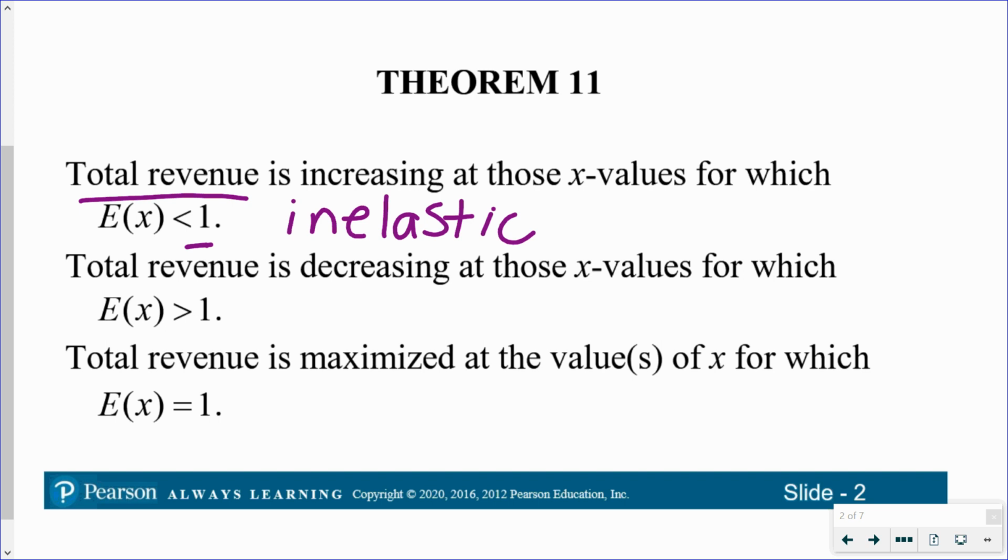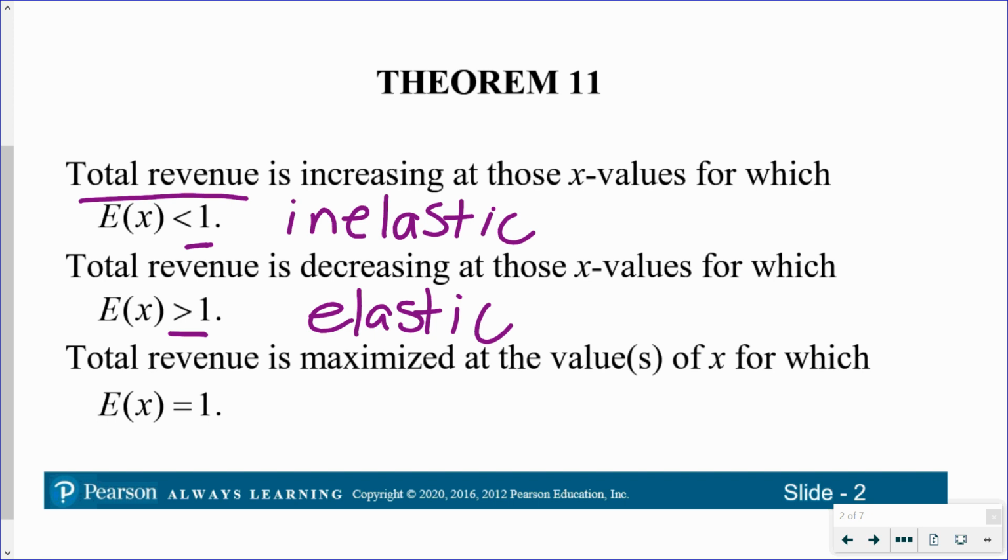When E of x is less than 1, okay, when E of x is less than 1, I'm sorry, greater than 1, I'm backwards tonight. Okay, then that product becomes elastic, meaning that we're going to lose so many customers that our revenue is actually going to decrease.